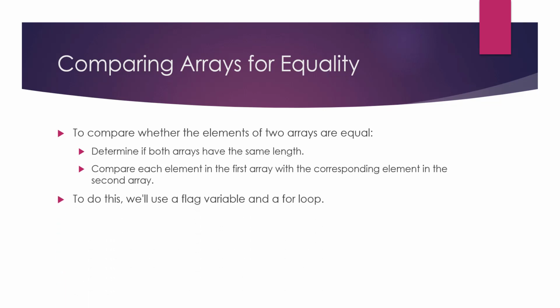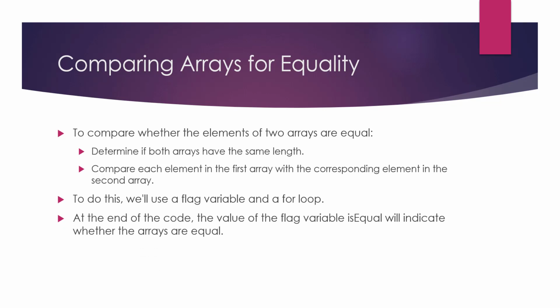So we will need to have a flag variable, a boolean variable, to keep track of whether the arrays are equal or not. So anytime we get an element that is not equal to the element in the second array, we'll make that boolean flag false to indicate that we found an element that is not equal. So we'll have a for loop to iterate through the elements and then a boolean flag to keep track of whether we have equal or not equal elements.